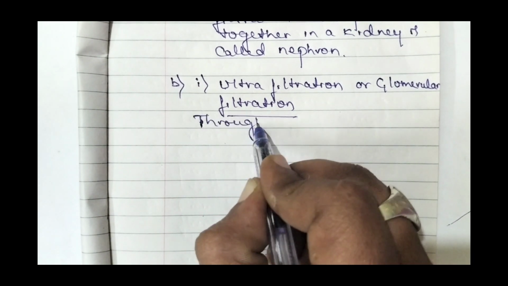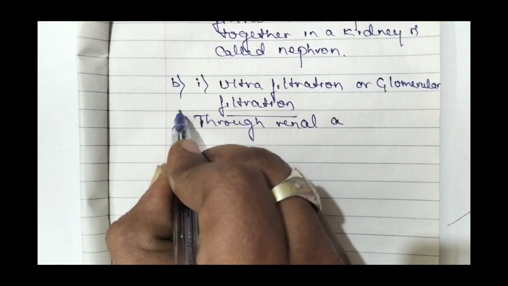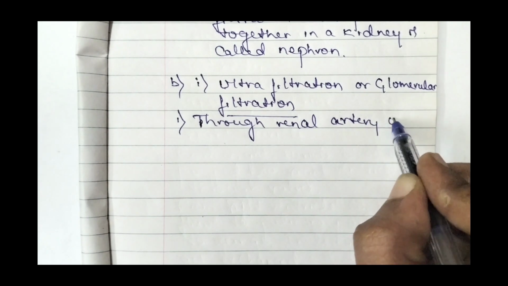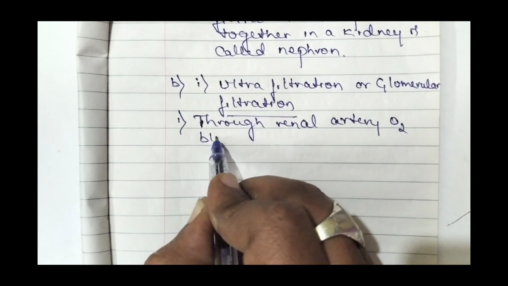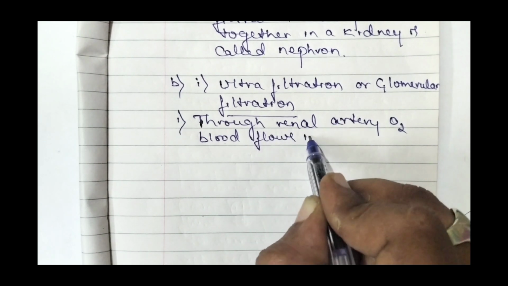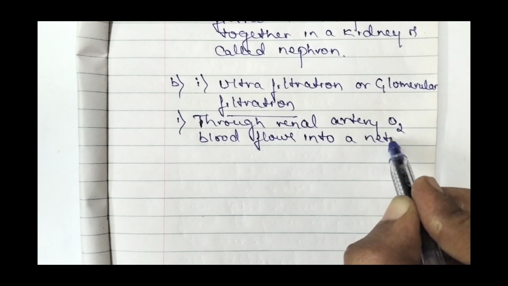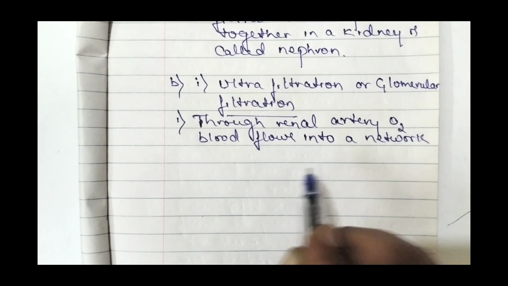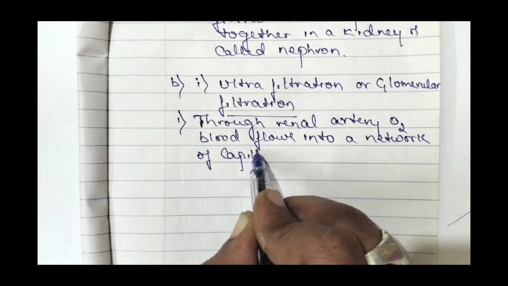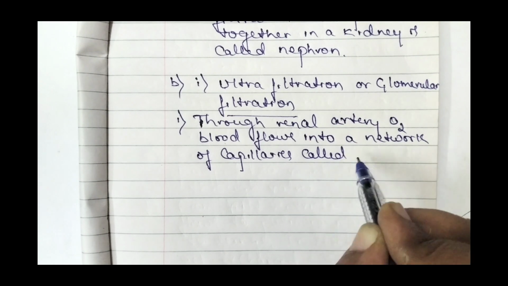Through the renal artery, oxygenated blood flows into a network of capillaries called glomerulus.